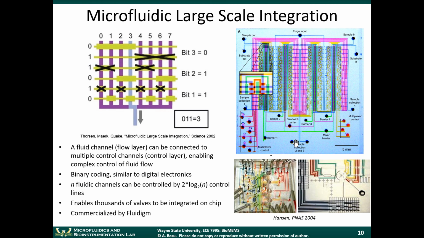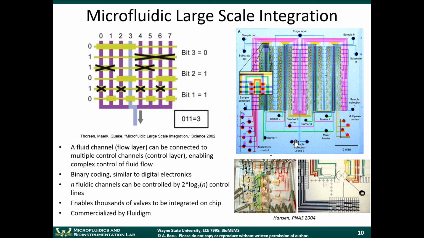All right, so we talked about how that technology can be scaled up into a large-scale integration where you have thousands of valves on a chip, and you use this clever binary multiplexing scheme so that you require fewer external control lines. If you use this binary multiplexing scheme that Stephen Quake developed, you can control n fluidic channels with 2 times log base 2 of n control lines.